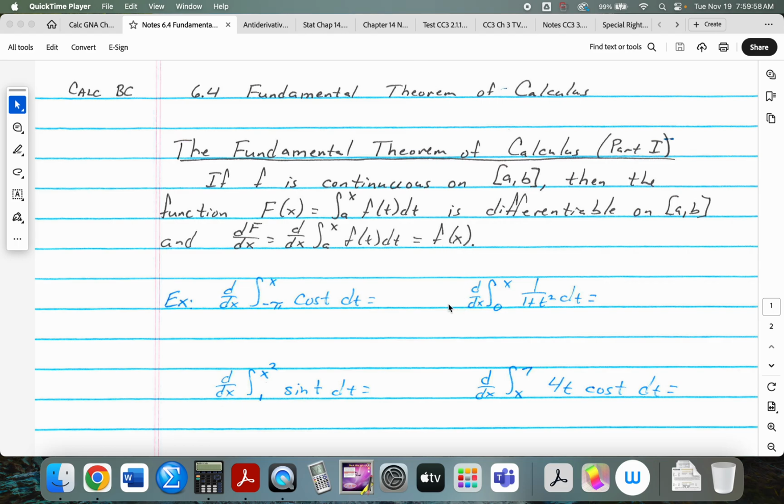So basically, what we're saying here is that if we have an integral defined function and we take its derivative, we end up with the original function in the integrand.